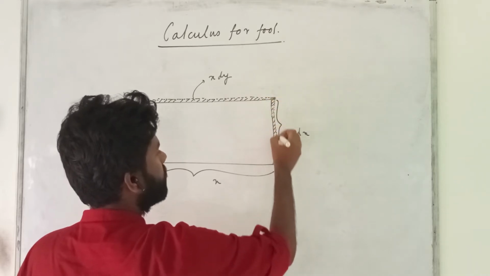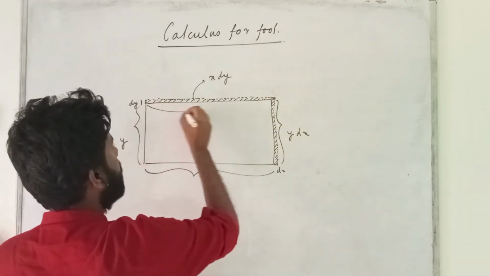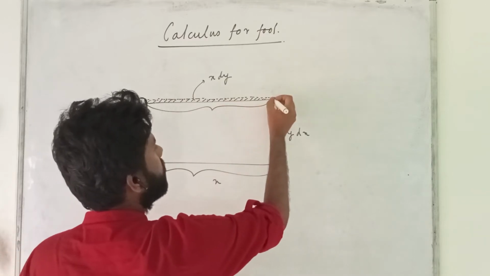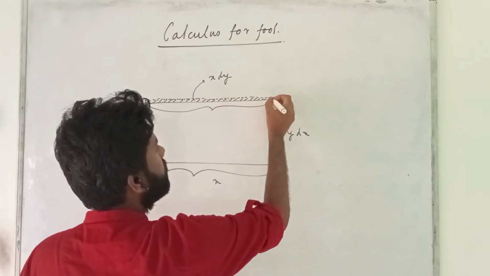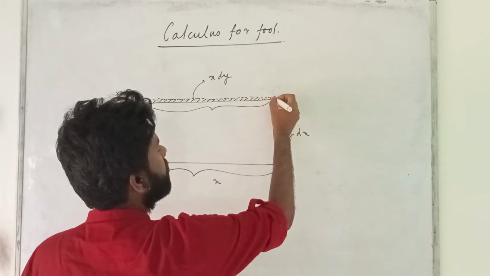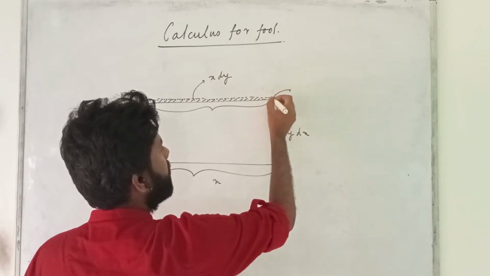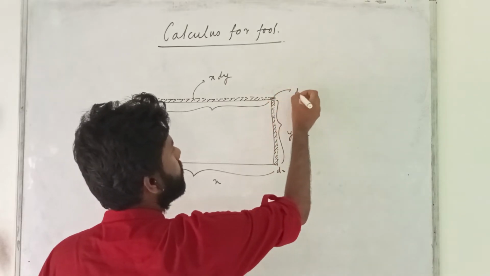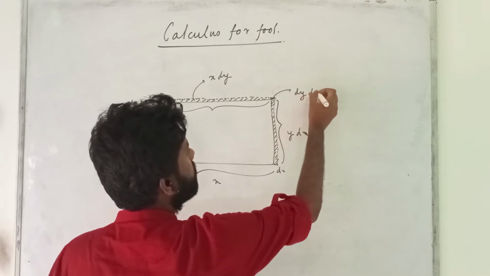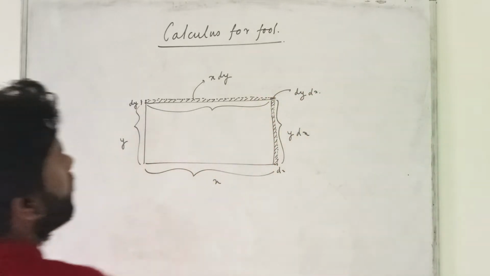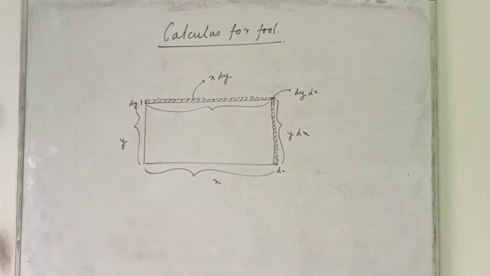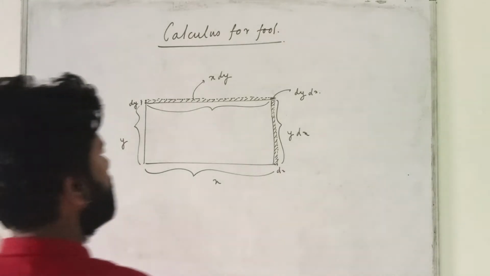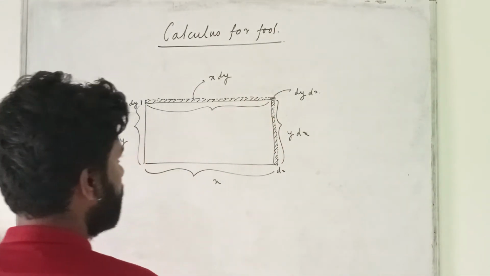It is dy and it is dx. So this black patch, you get dy into dx. It is a very small area. You can ignore it. So it is invisible.